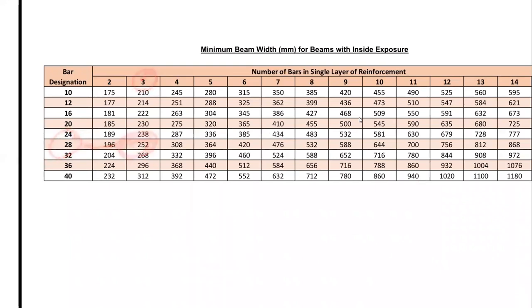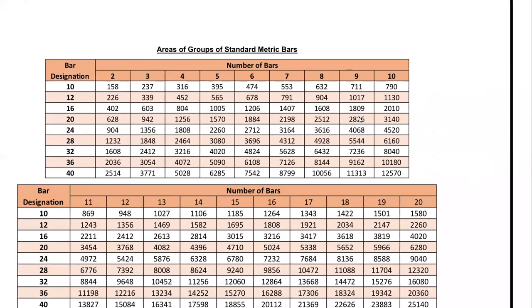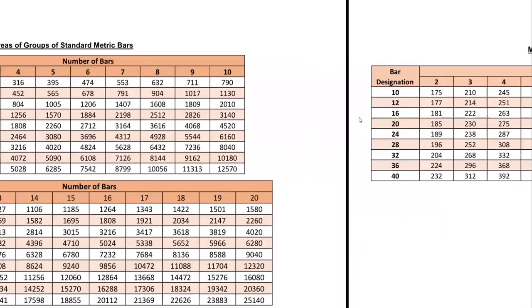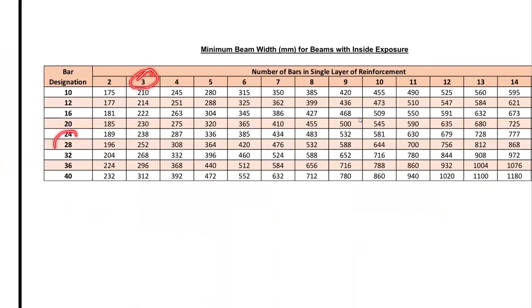So it's possible. Let's try 6 pieces of 28, that is 3696, but in 2 layers the required width is only 3 pieces of 28, 252. So our 300 fits.